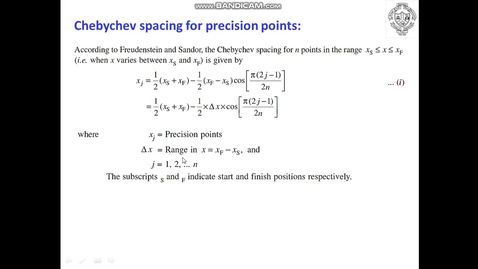Del x is considered as the range in x, that is xf minus xs, and j can be considered as 1, 2, till you reach n, the number of precision points. Subscripts s and f indicate the start and finish positions respectively. As I already said, the input crank is expected to start its displacement from xs and finish its displacement at xf.